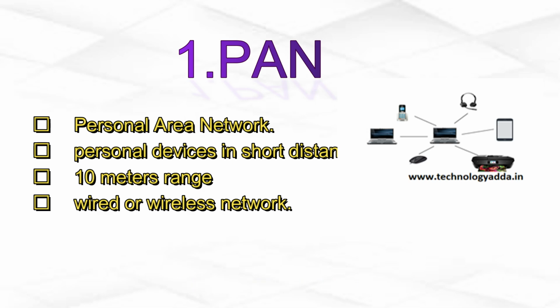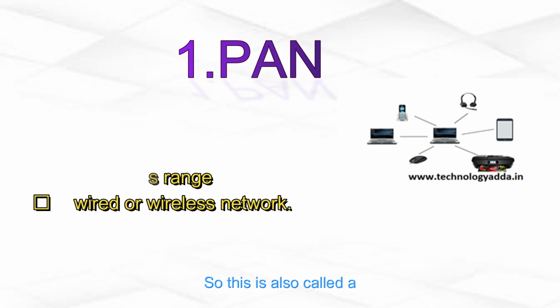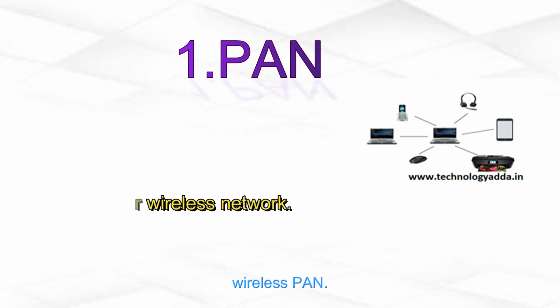Wireless PAN means two smartphones connected by Bluetooth. It means without wires also. Bluetooth is one of the technologies. By using it, we can connect a number of devices within the 10 meter range. So this is also called wireless PAN.